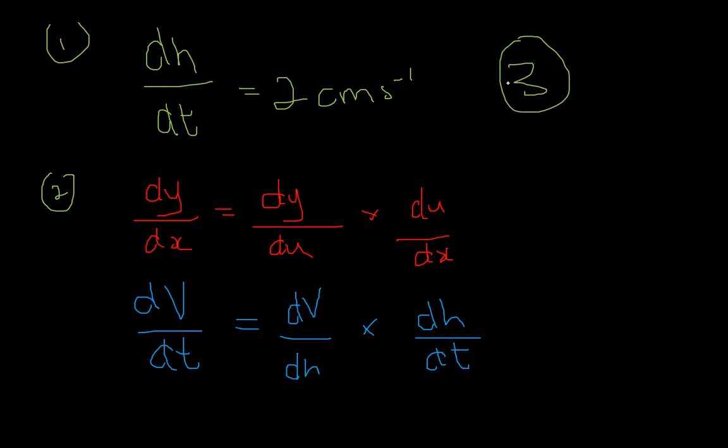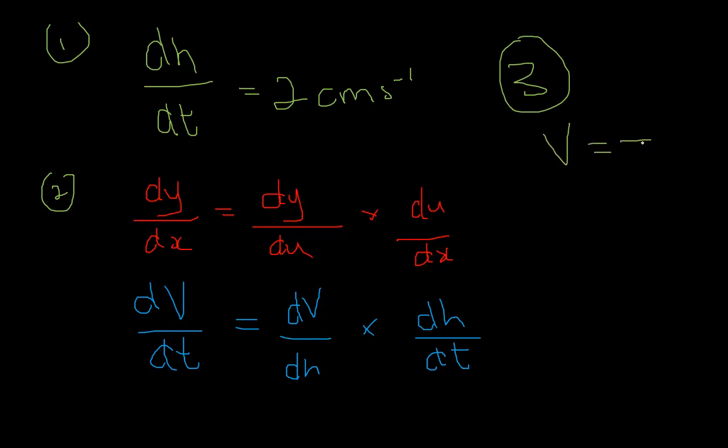What are they talking about in this case? Is it area or is it volume? We already know it's volume. Okay. Volume of what shape? Volume of a cylinder. What's the formula for that?